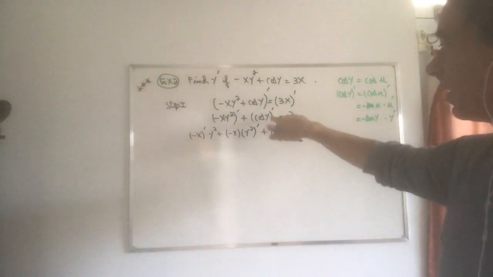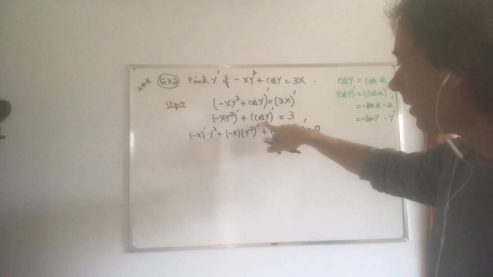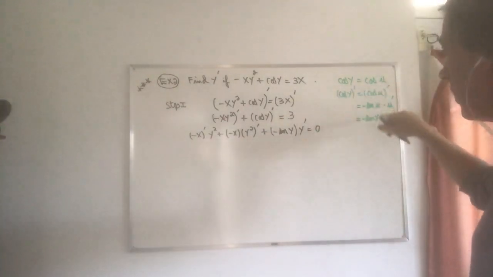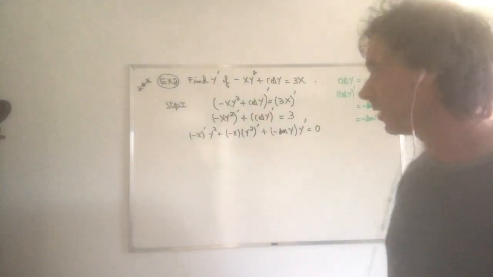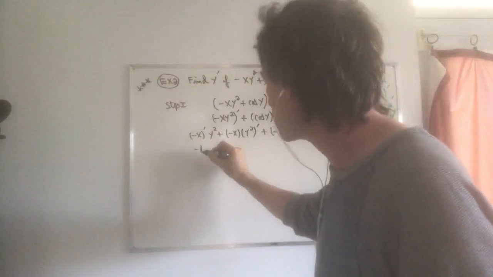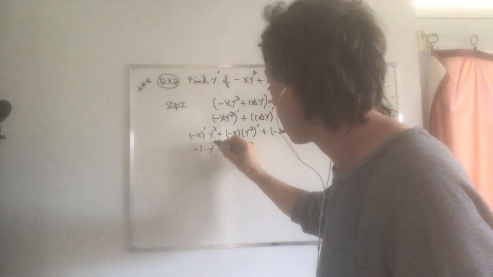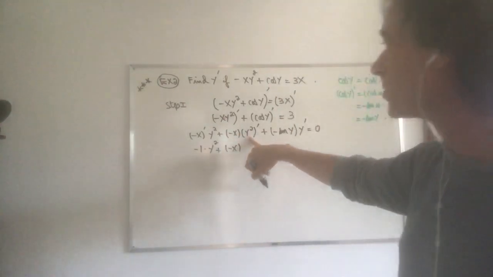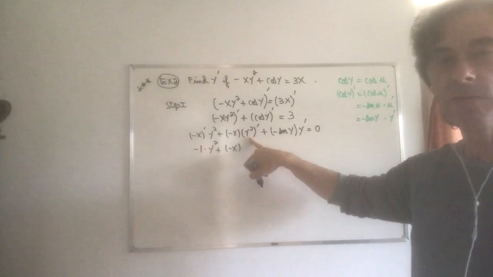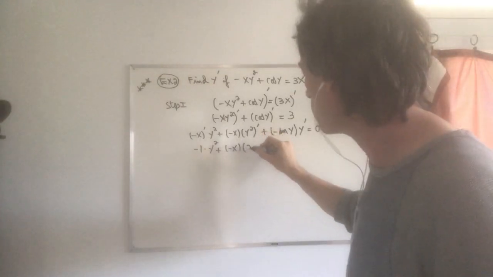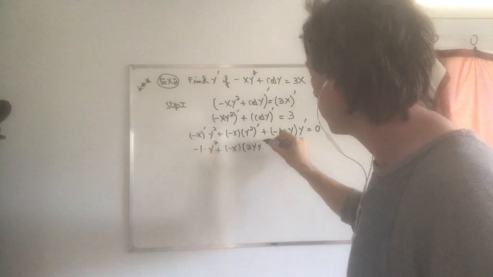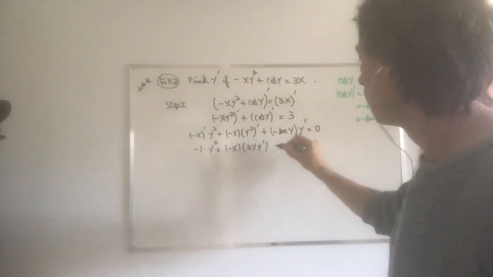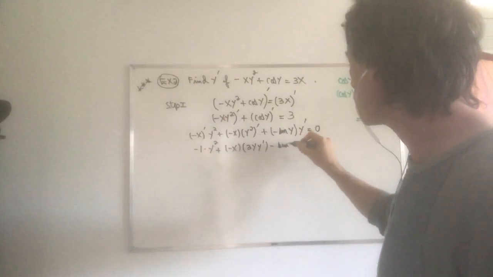Because of the chain rule, because this is not an x, it's a y. So the y is like a function f of x, or like a u. Then we need to apply the chain rule on this. That's minus 1 times y squared. And this is the same guy we saw in example 1, the derivative of y squared. So we know how this works. We're not going to do it again. We saw in the first example that this gives us 2y y prime.